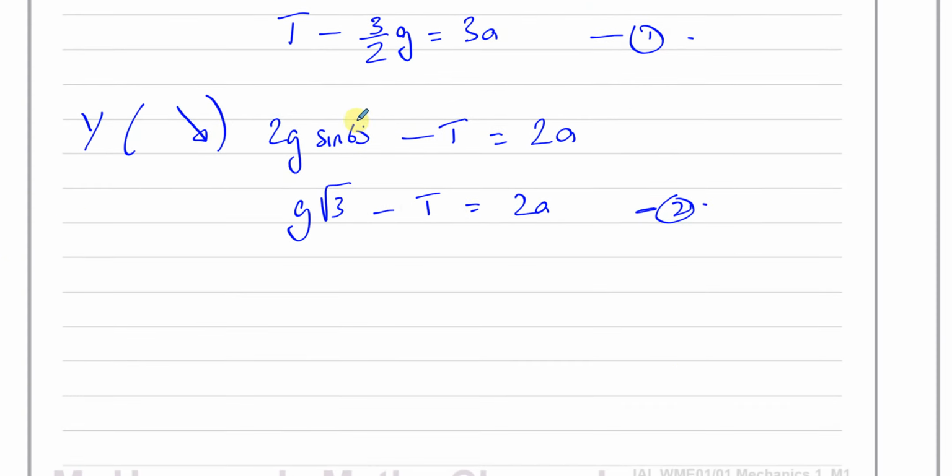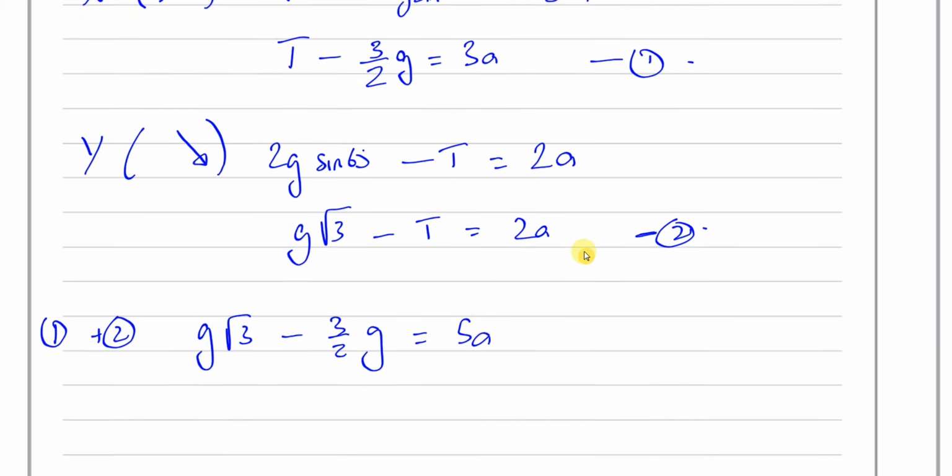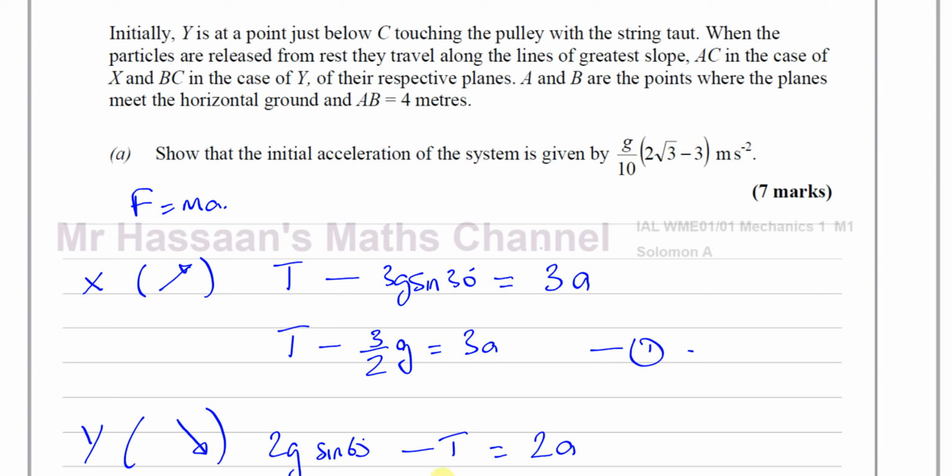If I add these two equations together, the T's will be eliminated. You have T plus minus T. So you're left with g times root 3 minus 3 over 2 g is equal to 3a plus 2a, which is 5a. Now what we have to show is this.